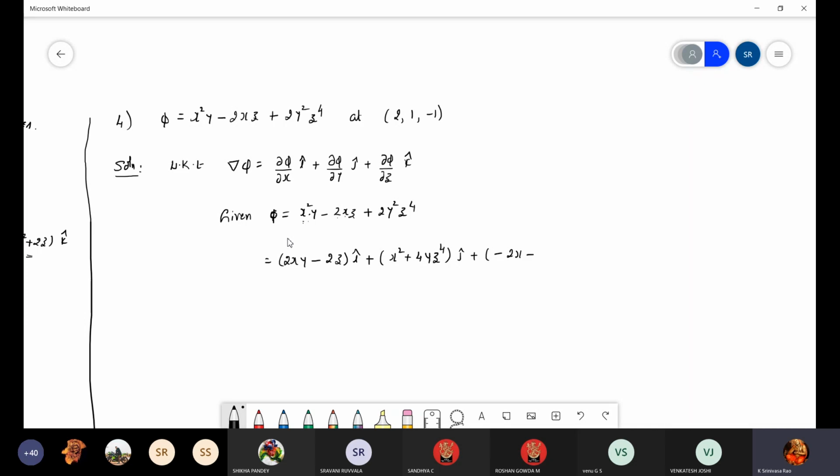This 4 2s are 8 y square z cube. If you have any doubt, ask me and clear the doubt here only. Partial differentiation: 2y square I will keep as it is, into z power 4 differentiation is 4z cube, is it right? This 4 2s are 8, and y square z cube.